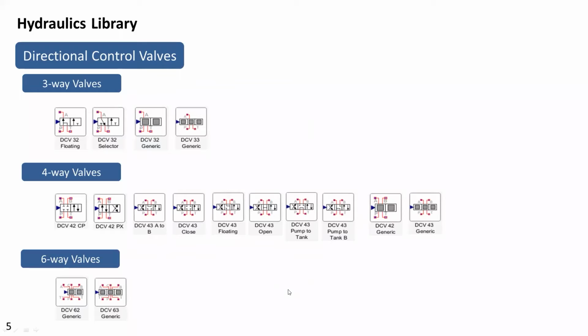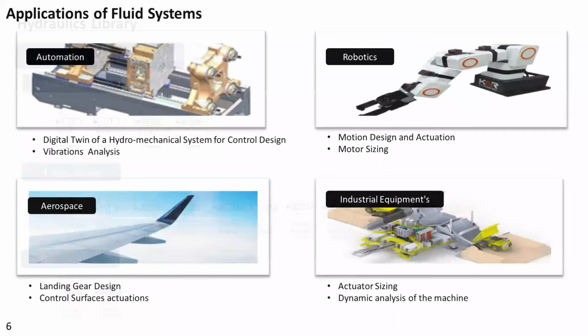Using these generic valves, you can incorporate the spool position as a function of area of opening, for example, as data points or Excel worksheets that can be incorporated in these components. We will see a very small example of this and how to do it at the end of this presentation.